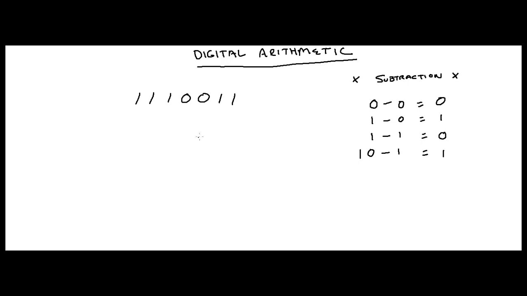Okay? And then we want to subtract 1, 0, 1, 0, 0, 1, 1. We're going to subtract it. Okay, everyone, pause the video and give it a try. And then when you're ready, turn the video back on and we'll do it together.